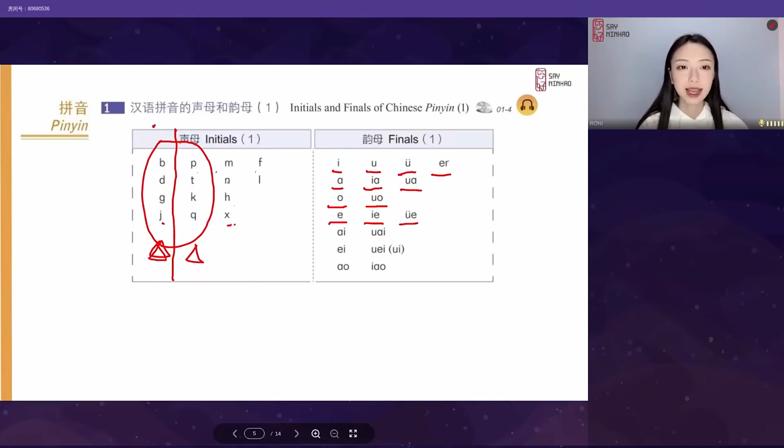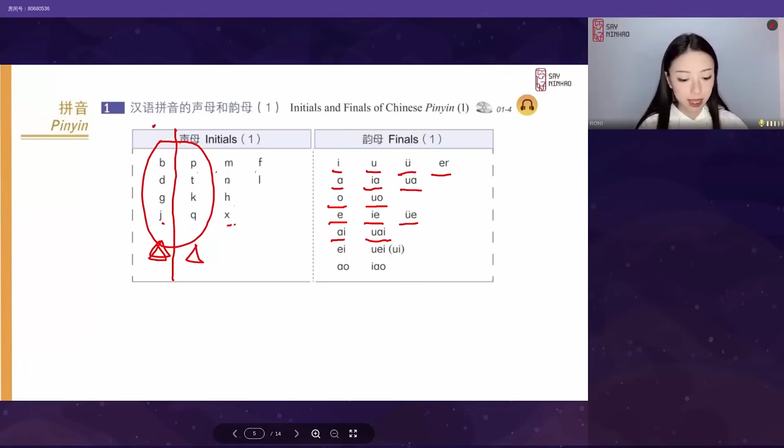Pronounce yu first and then pronounce e, and then you can get ye. Next, i. Sounds like the English letter I, right? Next one, yi. Pronounce u first and then put i after that.